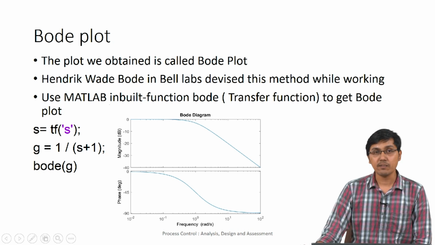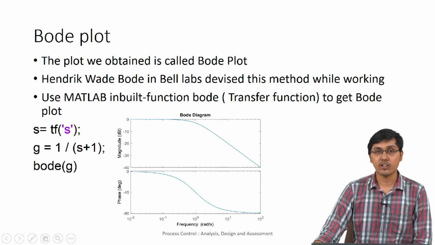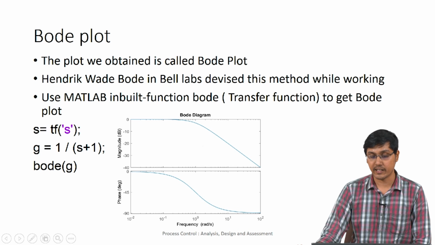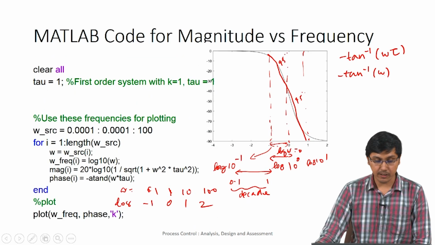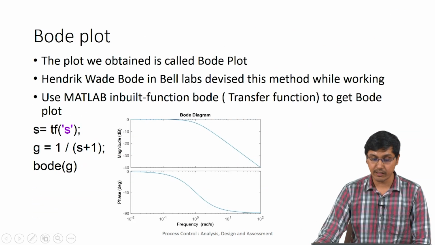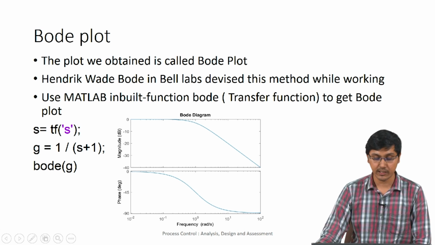There is a MATLAB inbuilt function called bode, and you can just feed the transfer function into it and it will display the Bode diagram. Whatever we plotted by manual calculations or MATLAB coding, the same figure we can get from the bode function. This is the straightforward thing to do.